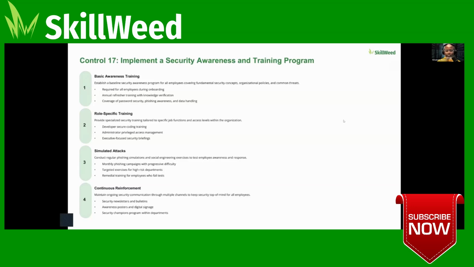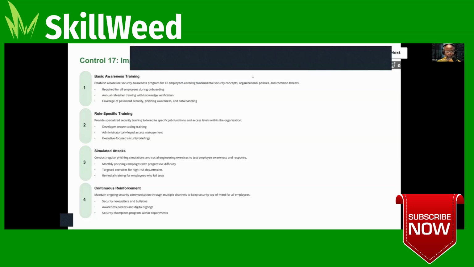So we have to target them for retraining, specific training for top leadership, or else most of your top leadership are not as savvy as you would think, really. Simulated attacks. So we're also thinking about making sure we have continuous phishing campaigns within your environment and keep reinforcing it within your organization all the time also.